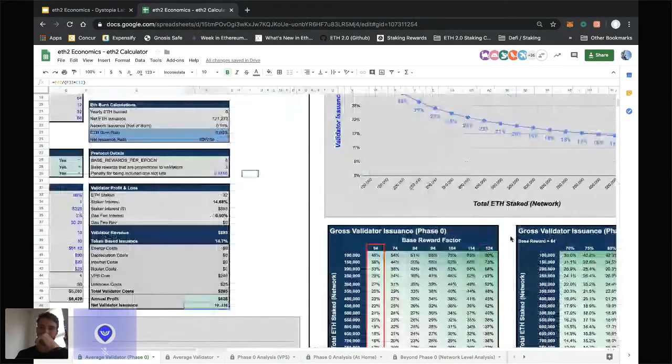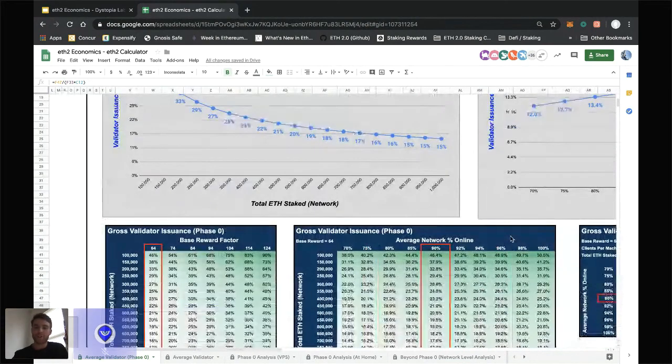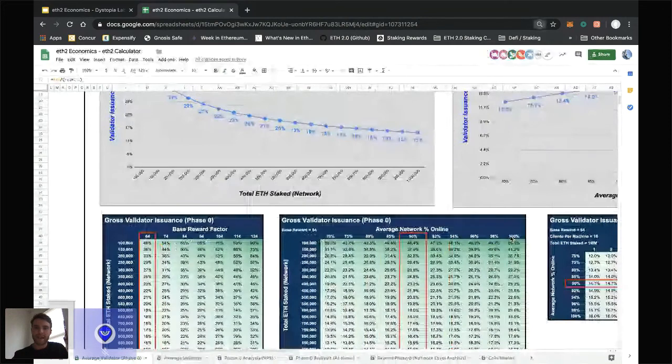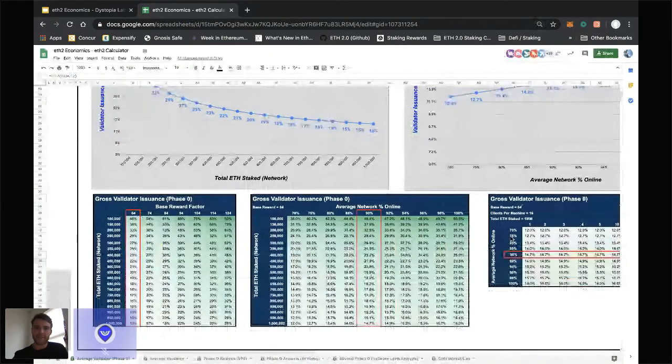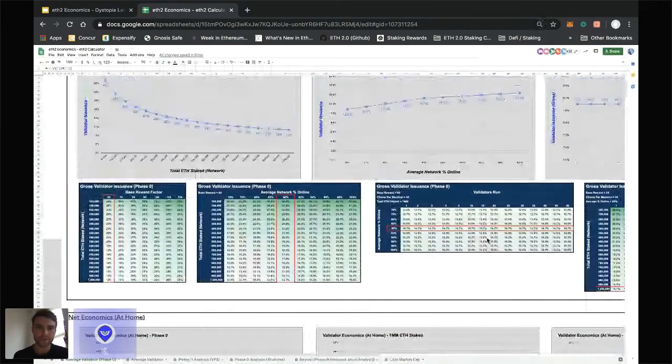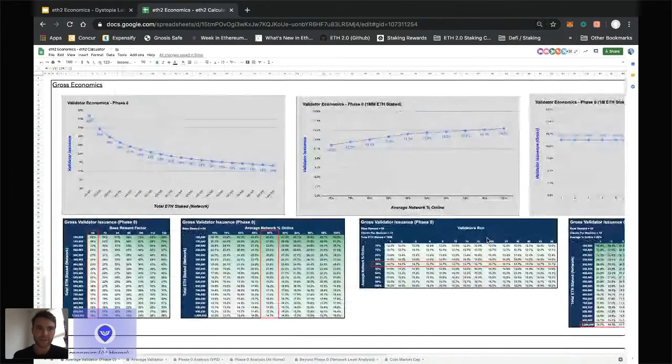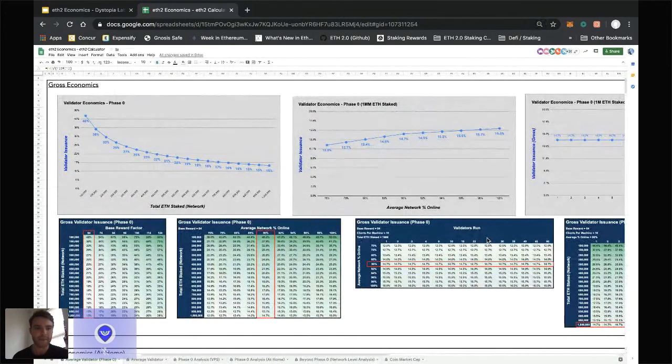I'll also show there's a few graphs and charts in here that I did not include in the presentation. This first section you can think of as gross economics. This does not include any cost to the validator themselves. This is just purely what the network is spitting out.